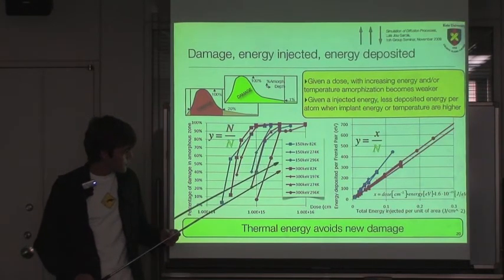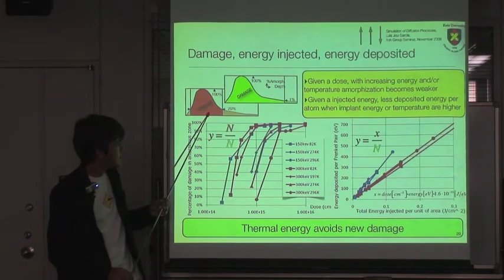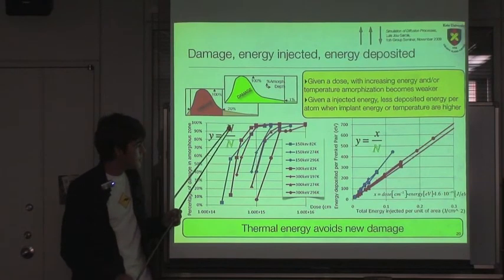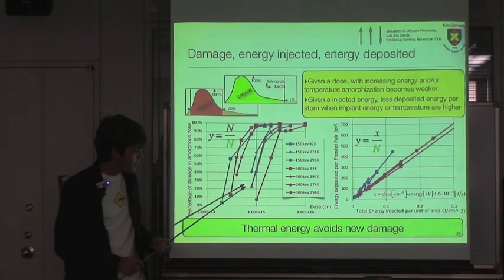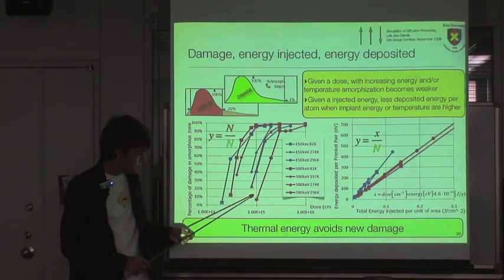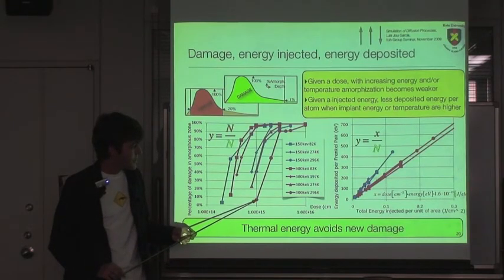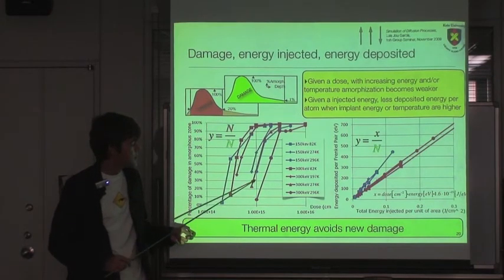I did this because in this graph, comparing how much damage, the percentage of damage inside the amorphous region, so just counting this area divided by this area, it seems that for a given dose at higher temperatures, the percentage of amorphization is lower.